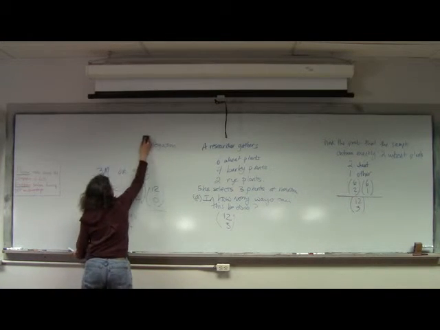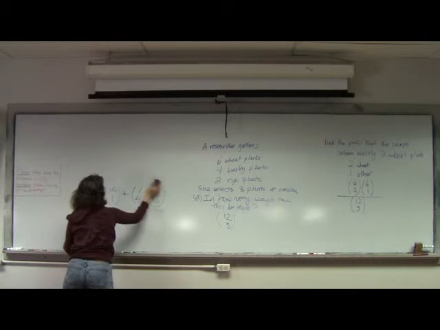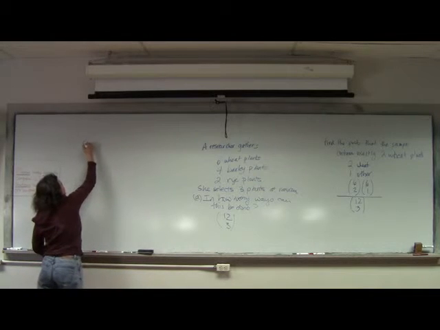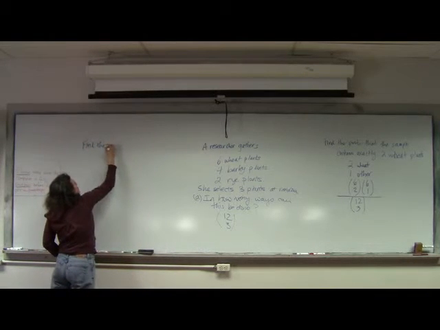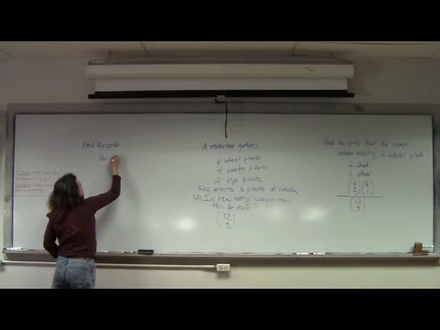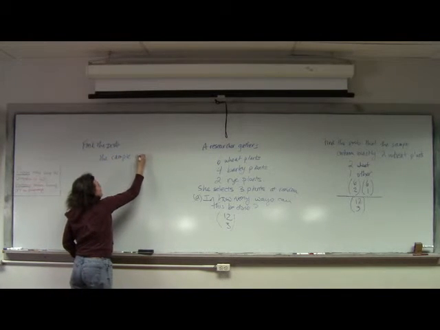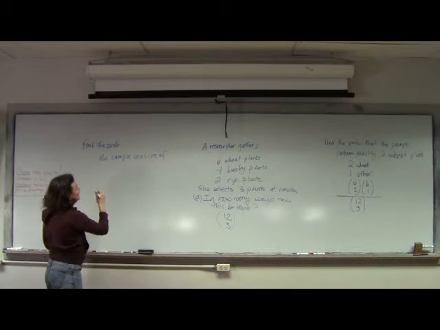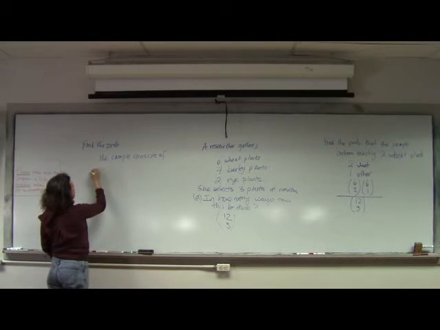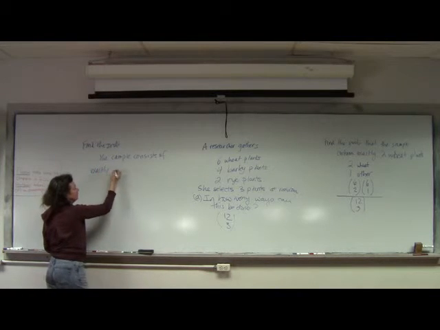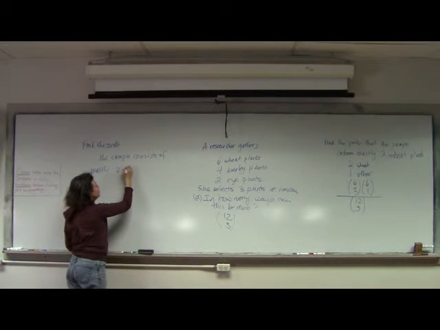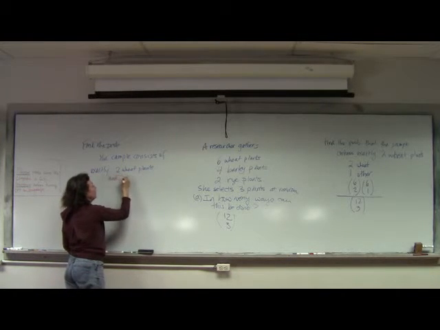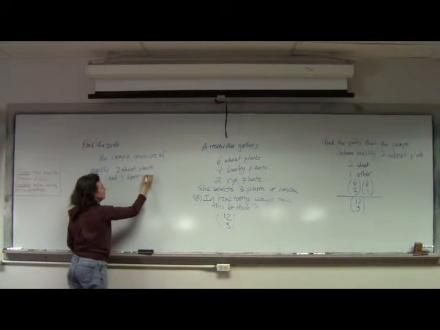So what if now I want us to find the probability the sample consists of, how about exactly 2 wheat plants and 1 barley plant.